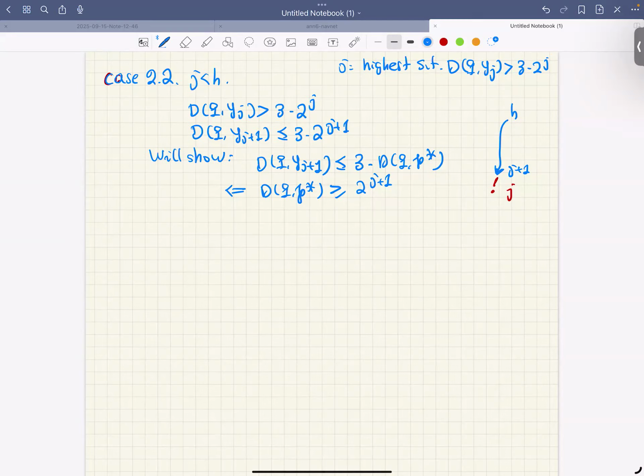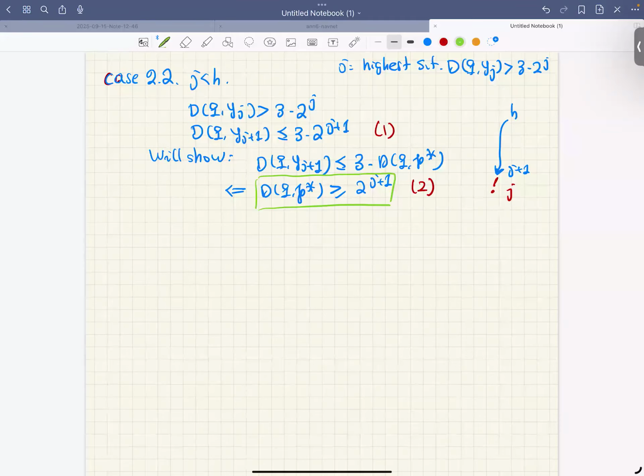And indeed, this is what we're going to prove: the distance from Q to p star is actually at the level of 2 to the power of j+1. If I can show this, then by combining those two inequalities, you should be convinced that y_{j+1} is a 3-approximate nearest neighbor. This is what I aim to show next.